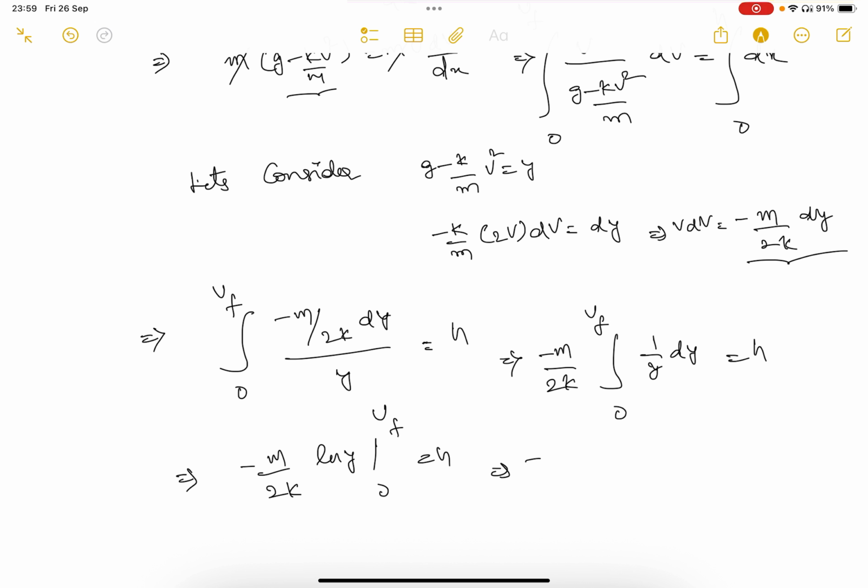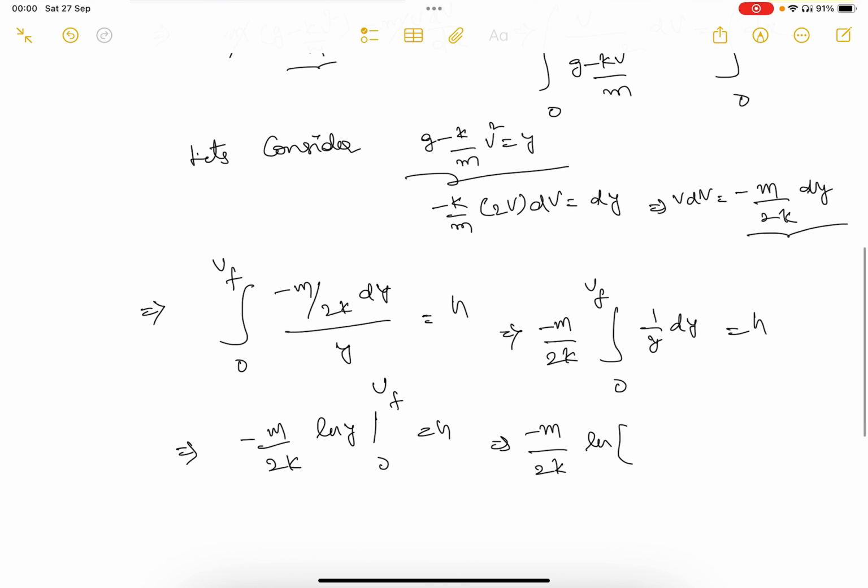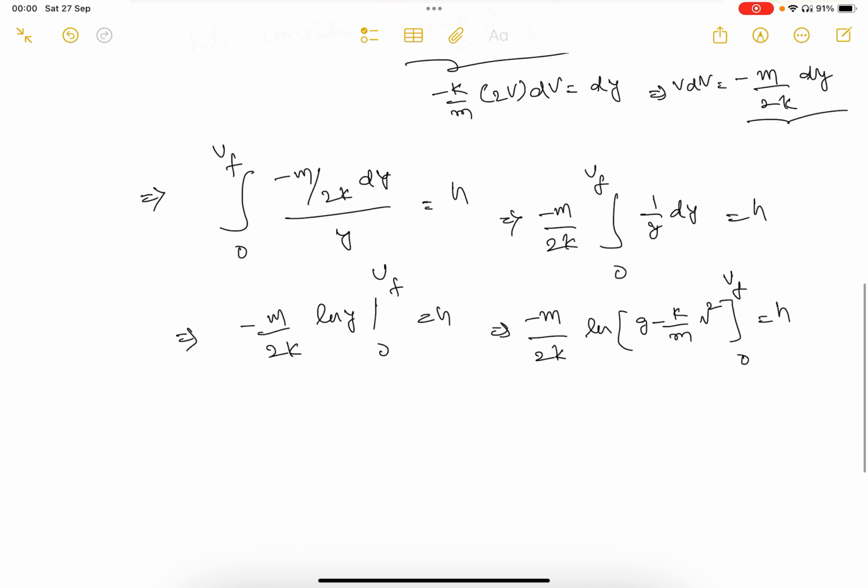So let's write what y is first. ln of y, where y is g minus k by m v square. The integration limits are 0 to vf, which is equal to h.